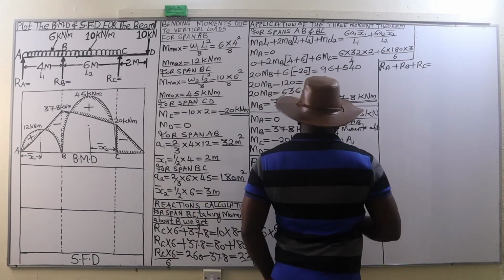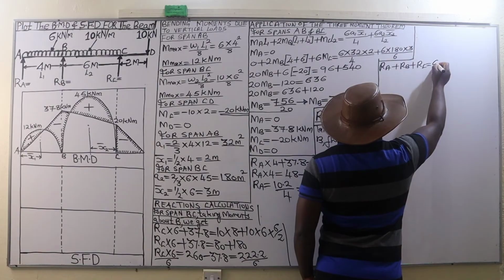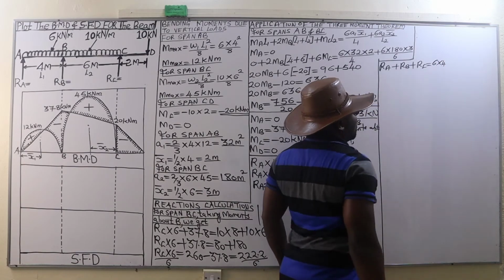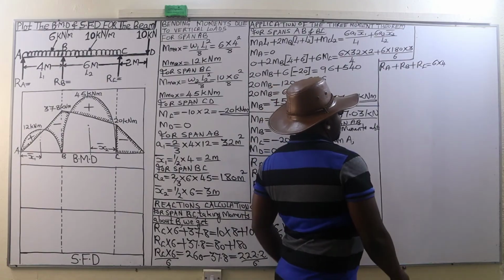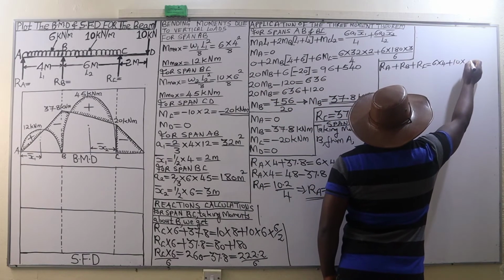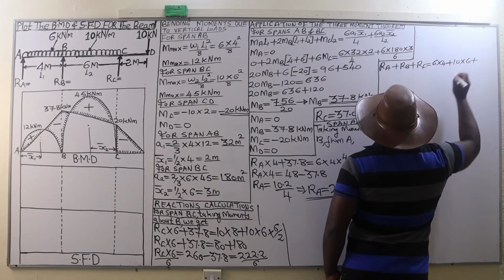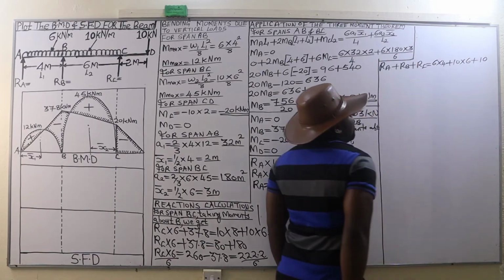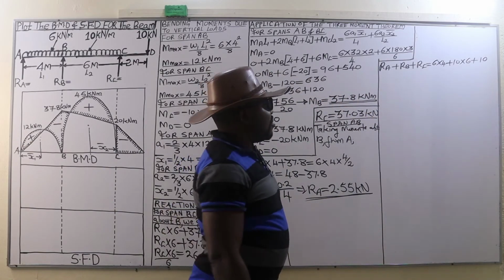Between span AB, we have a UDL of 6 kilonewtons per meter. We multiply by the span over which it is distributed, that is converting it to point load. Between the span B and C, we have a UDL of 10 times the span 6. And at the overhanging end D, we have a point load of 10 kilonewtons.